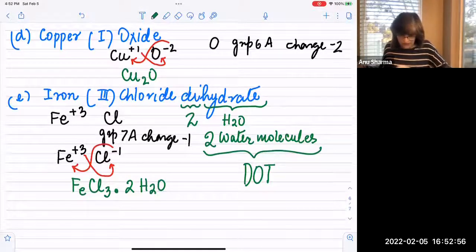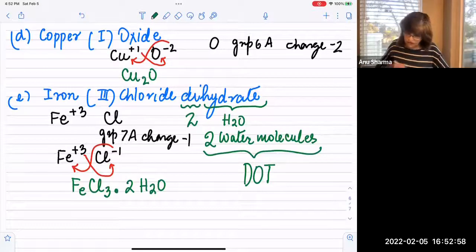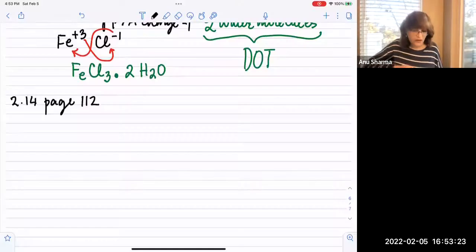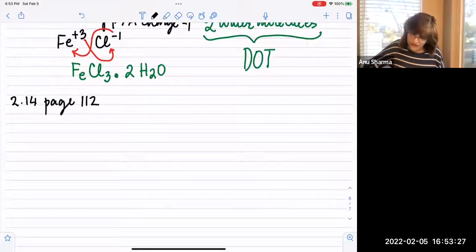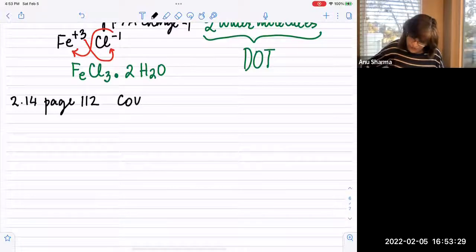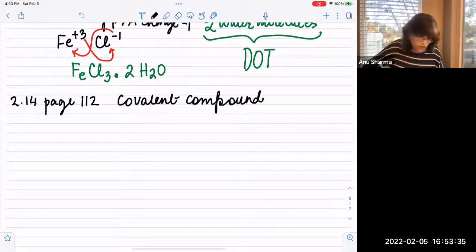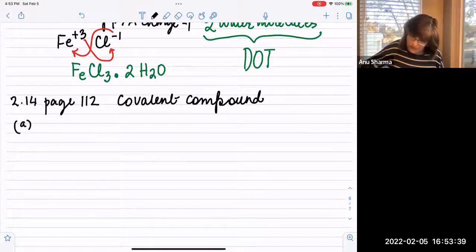Now comes naming the covalent compounds, and that's the last one. Here we are writing the formulas of covalent compounds. For covalent compounds, we are going to use mono, di, tri, tetra. Your first one is the formula of phosphorus pentachloride.